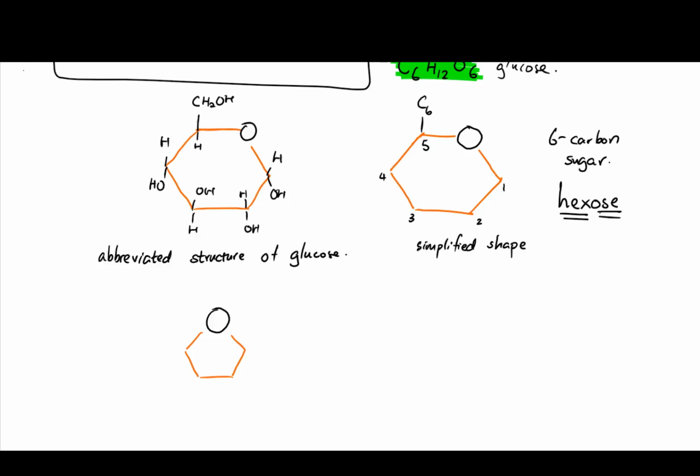If you do calculation, 1, 2, 3, 4, is this a 4 carbon ring? Nope. There is going to be a 5th carbon that we just omit writing. So by looking at a pentagonal shape, I know that this is a 5 carbon sugar. So a 5 carbon sugar, we just call it a pentose. Pent means 5, ose means sugar. So this is a 5 carbon sugar.